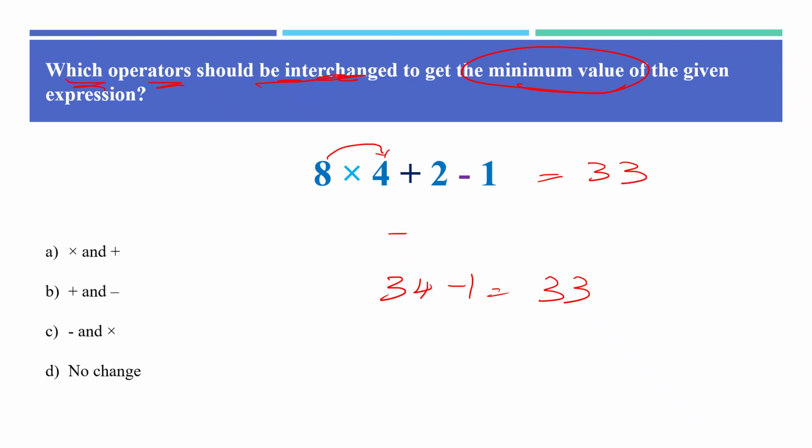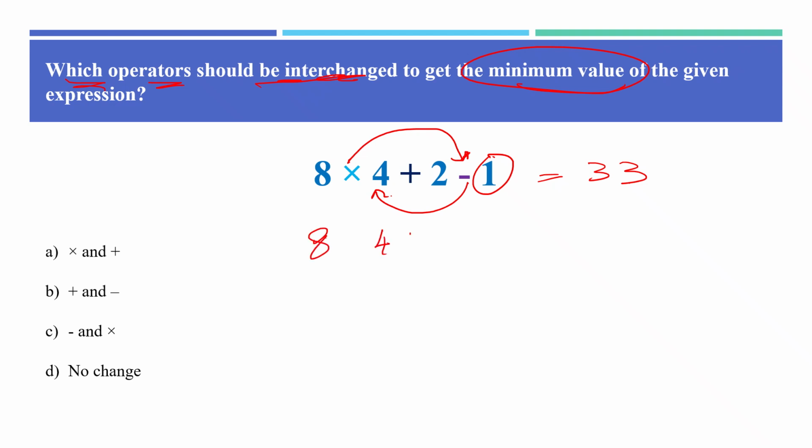The question is the minimum value, so let's do this. Let me interchange this multiplication with this and subtraction with this. The reason is very simple. Here it is 1. The whole thing multiplied by 1, the number remains the same. So 8, 4, plus 2, 1.